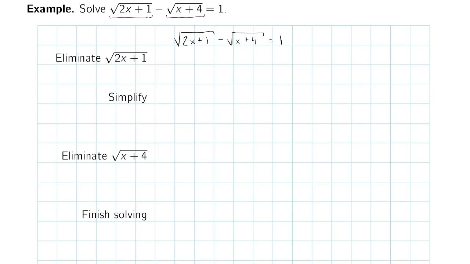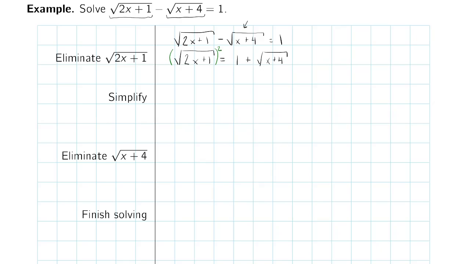So to do that, I'm going to add square root of x plus 4 on both sides. On the left, I'll just be left with the square root of 2x plus 1. On the right, I'll have 1 plus the square root of x plus 4. And now this radical term is isolated.